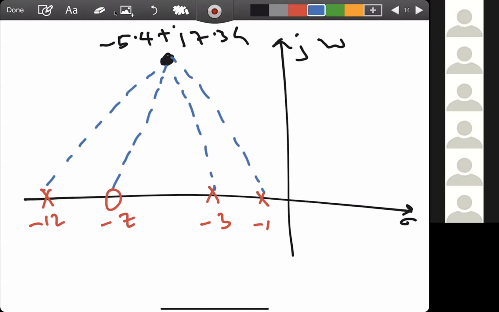Okay. We have to find the zero's value, which is this one. Because for PD, we introduce a new zero to the transfer function. So what is the criterion for this diagram?